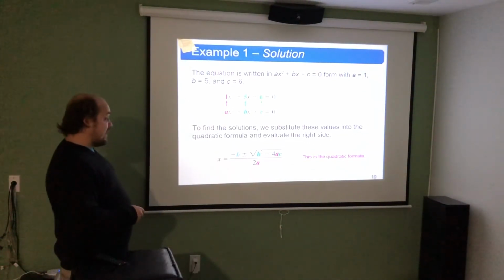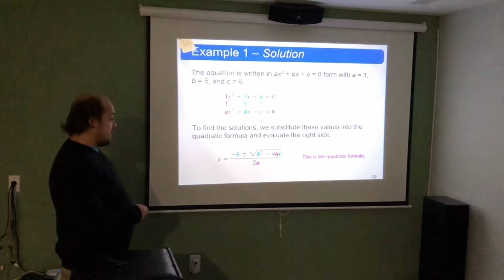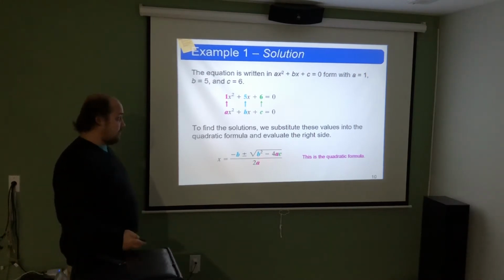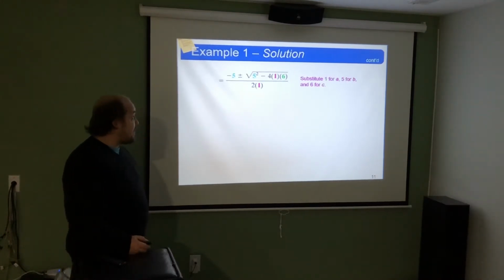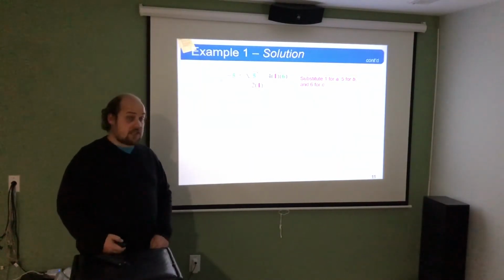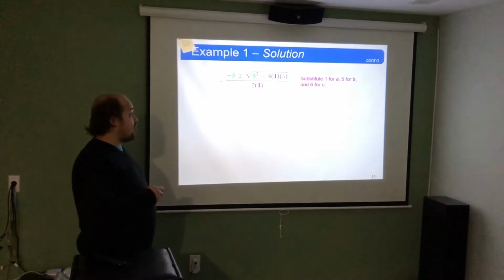So where we see negative b, we're going to put in this 5, and it's going to become negative 5. Plus or minus, we're going to square the 5, minus 4 times 1 times 6, all over 2 times 1. There's everything plugged in the proper positions. Now we have to resolve things. I recommend you start under the root.